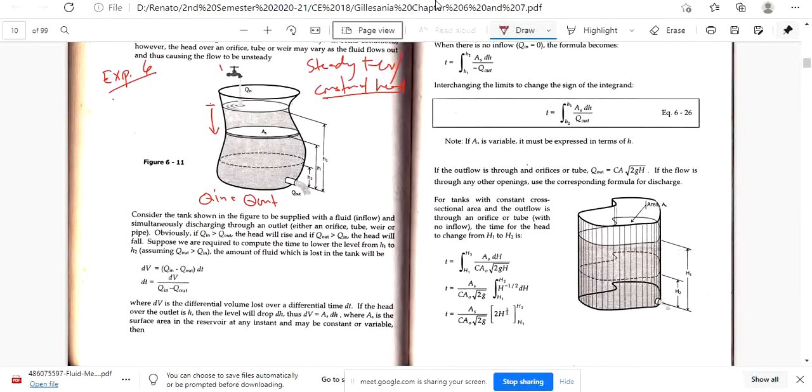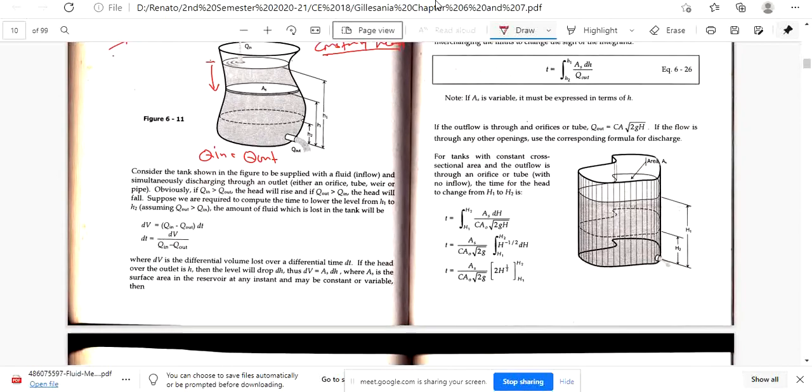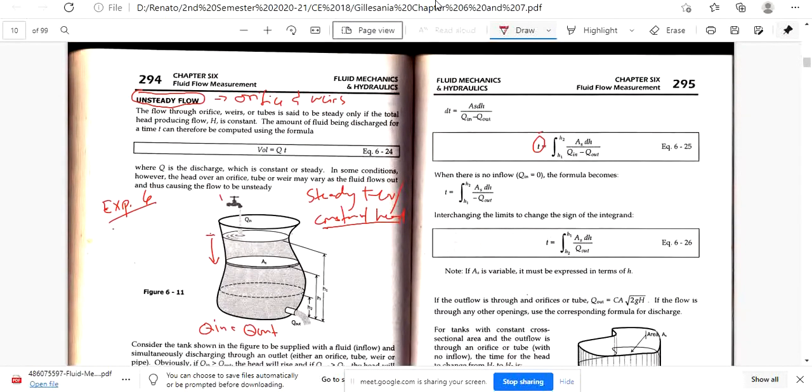If we rearrange this, dt is equal to A_s dH over Q in minus Q out. Your A_s will be constant because what varies here is the head. So, if we take the integral to get the time, from H1 to H2, A_s dH over Q in minus Q out.